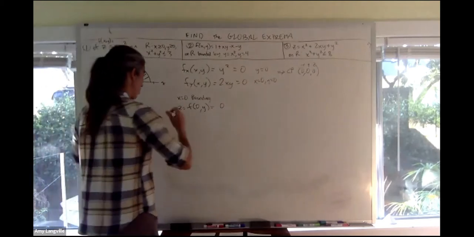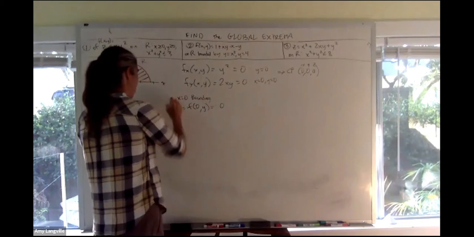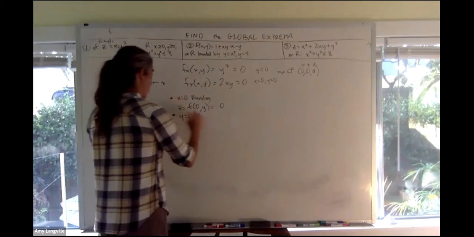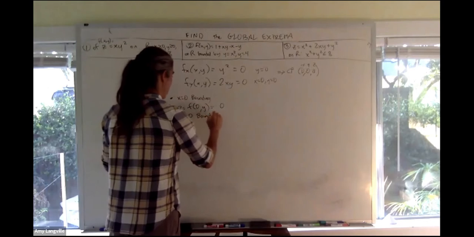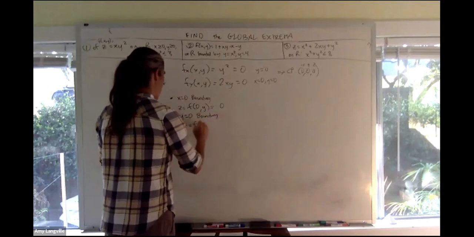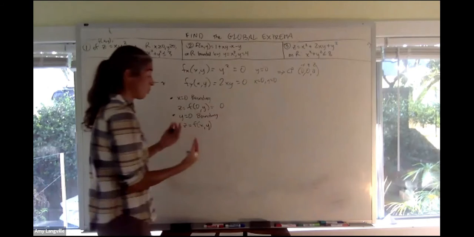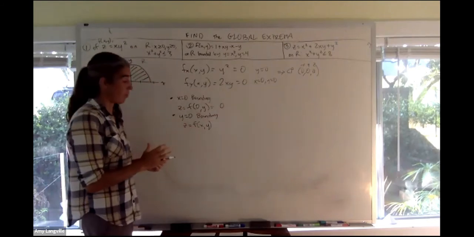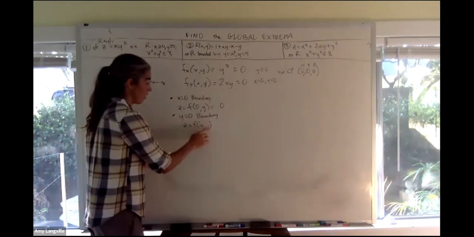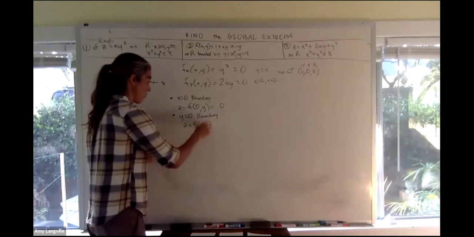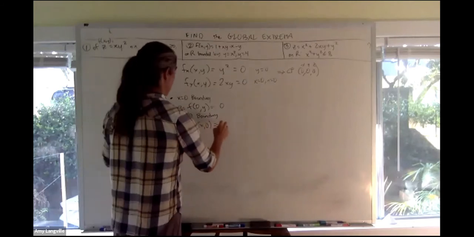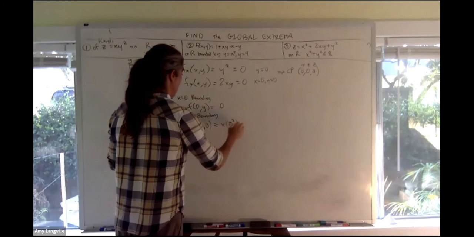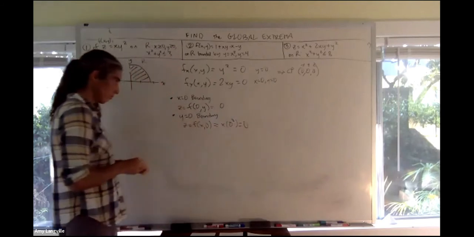Now see what happens at the y equals 0 boundary. So first boundary, second boundary, y equals 0 boundary. We take z as a function of x and y, but we're going to simplify it, forcing it to be along that boundary. And we do that by forcing y to be 0. And we plug in x times y squared, which is 0 as well.